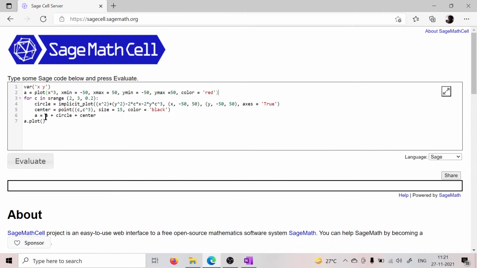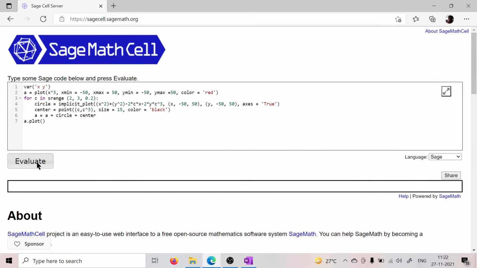Now we have added the circle, the center, and the cubic parabola, and in each iteration the values will be added together, and in the final iteration the variable a will hold all the circles, the family of circles starting from 2 till 3, not including 3, the cubic parabola and the corresponding centers. So now if we press evaluate, all those graphs will be plotted.